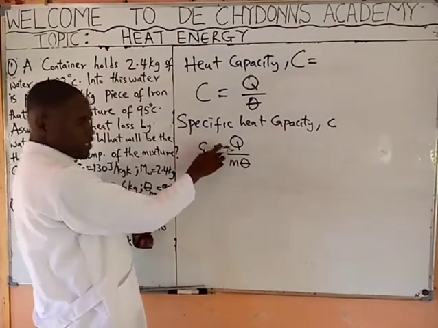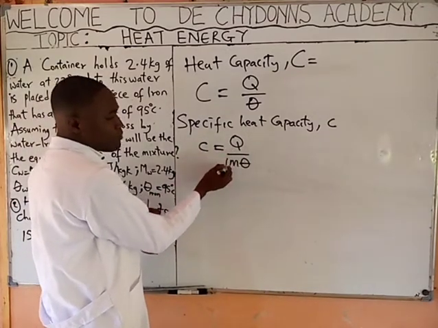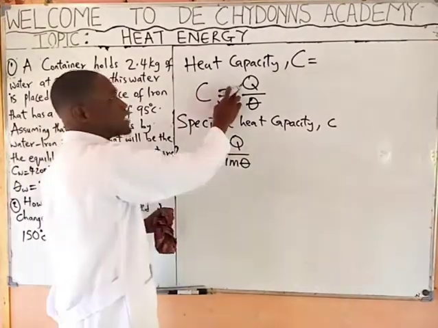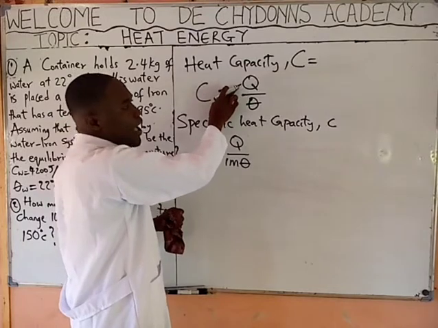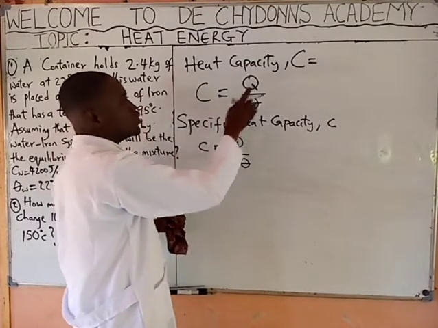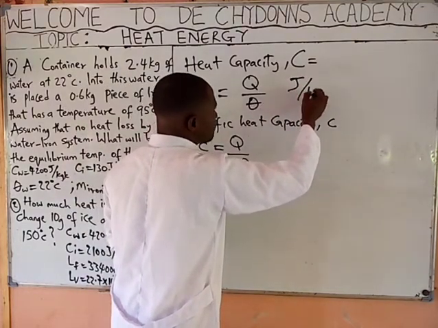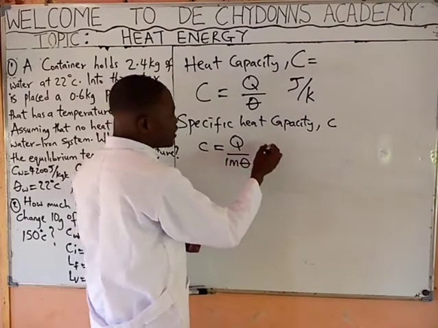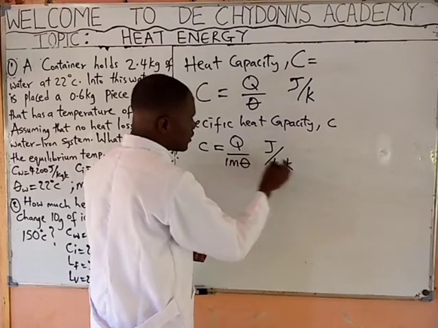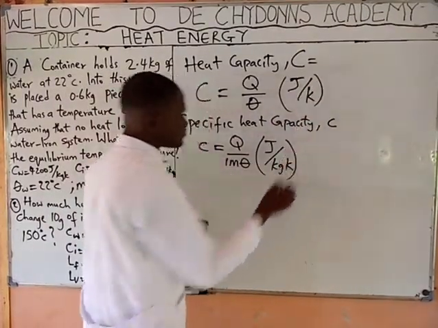Whereas this one is the quantity of heat required to raise the temperature of a substance to 1 degree Celsius. So the unit of this is joule per Kelvin, while the SI unit of this is joule per kilogram per Kelvin. That is for this c. This is the unit, this is the unit.